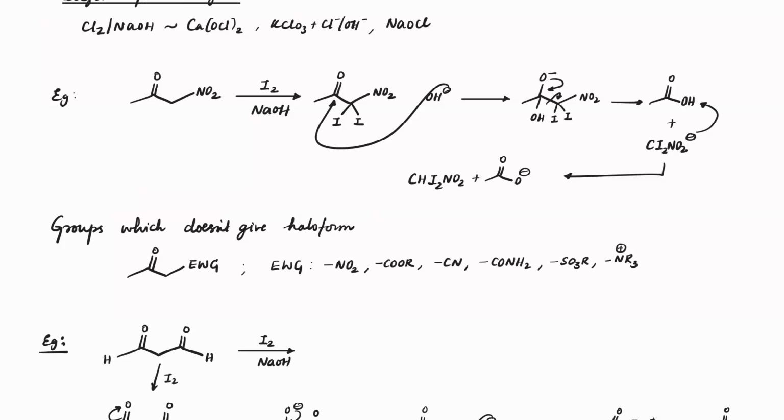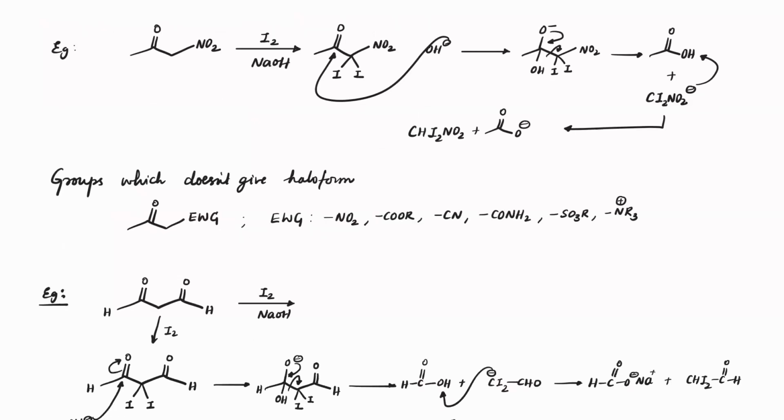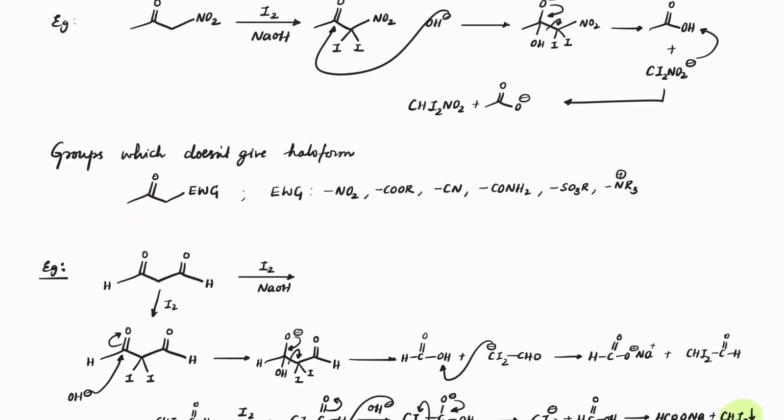Notice one important aspect here. In case we have a CH2 at the alpha position, and at that same alpha position there is an electron withdrawing group. What are the electron withdrawing groups? Like these: NO2, COOR, CN, CONH2, SO3R, NR3 plus.